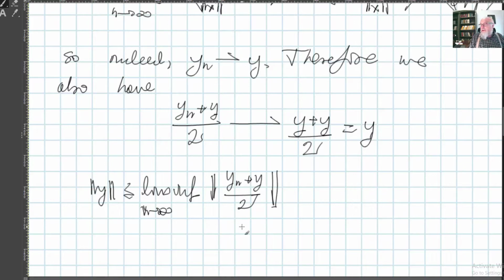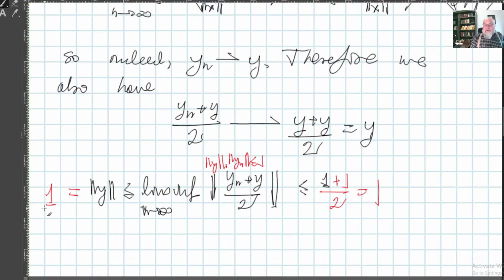And what is this? yn has norm smaller than 1, and also y is actually equal to 1. Both smaller than or equal to 1, so by the triangle inequality I can write 1 plus 1 divided by 2, which is equal to 1. And we already know that the norm of y is equal to 1 by the definition.